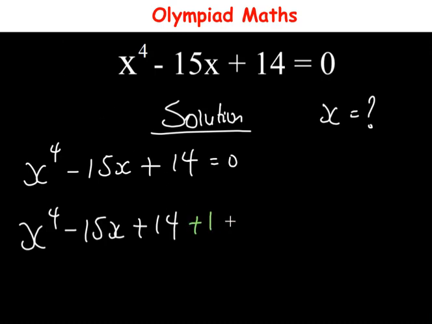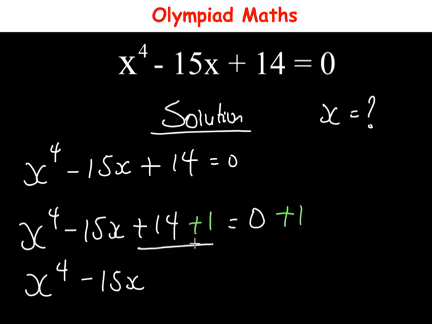This is equal to 0. Also add plus 1, such that from here we have x raised to power 4 minus 15x plus 14 plus 1. This will give us plus 15. Also, move this plus 1 over to this side. Here we have minus 1 is equal to, this side becomes 0.